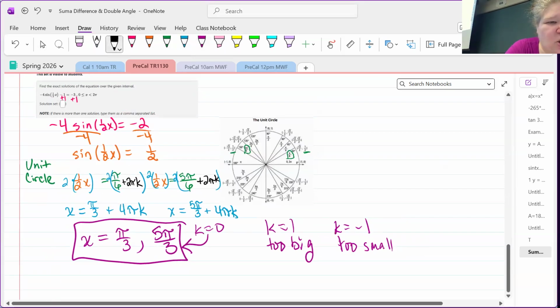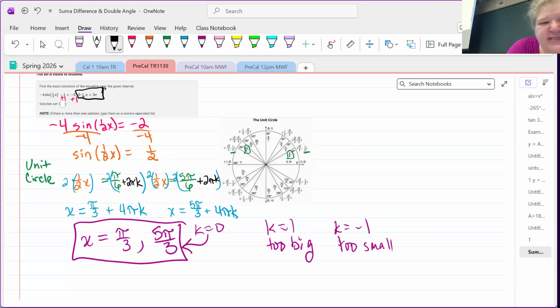And we're doing all of those qualifications, the too big and too small, because of that 0 less than or equal to x less than 2 pi qualification that they snuck in at the beginning. So if you're not sure, plug in k equals 1 in the smaller base formula, the pi over 3 plus 4 pi.